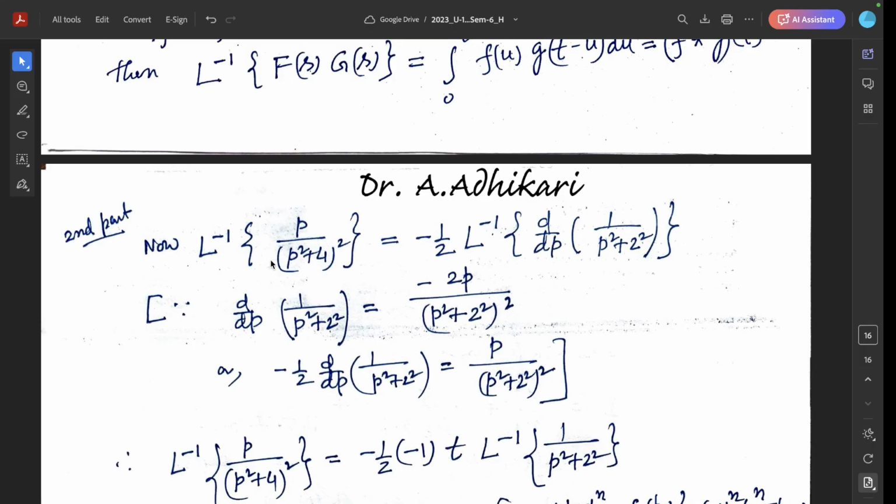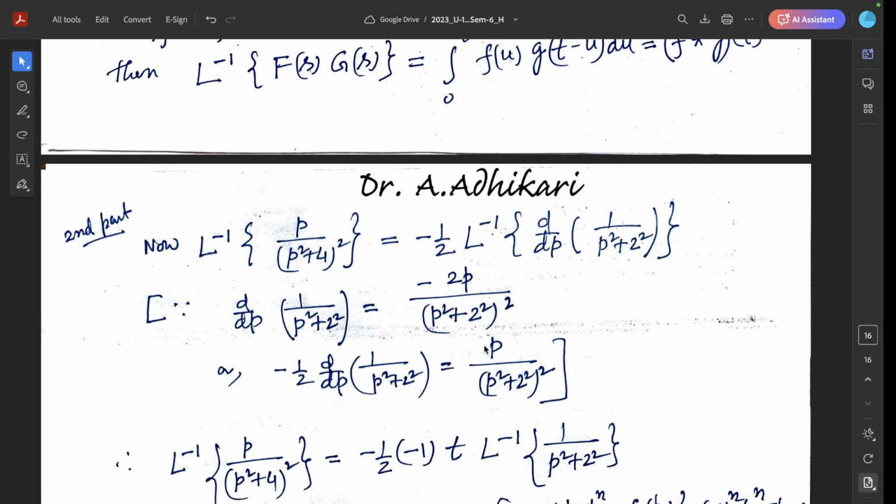Now L inverse of p by p square plus 4 whole square is equal to minus half L inverse d/dp of 1 by p square plus 2 square, because d/dp of 1 by p square plus 2 square equals minus twice p by p square plus 2 square whole square. So minus of d/dp of 1 by p square plus 2 square equals p by p square plus 2 square whole square.